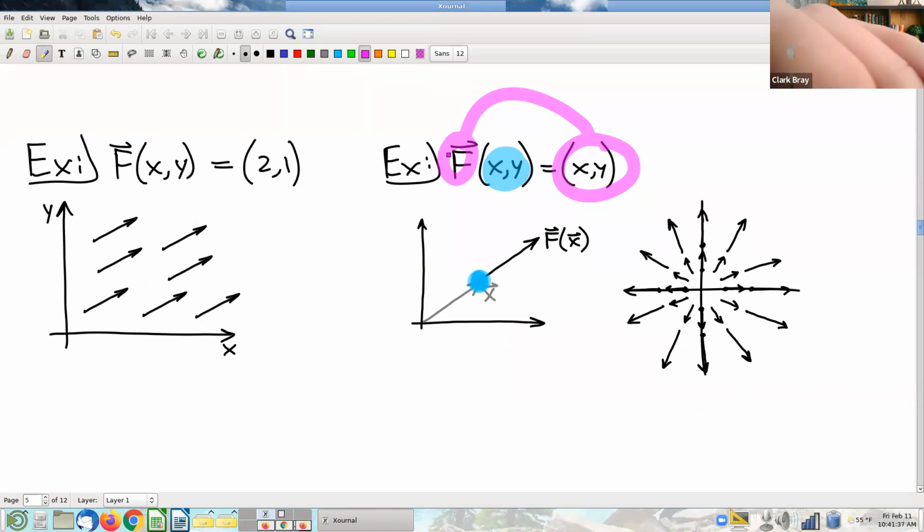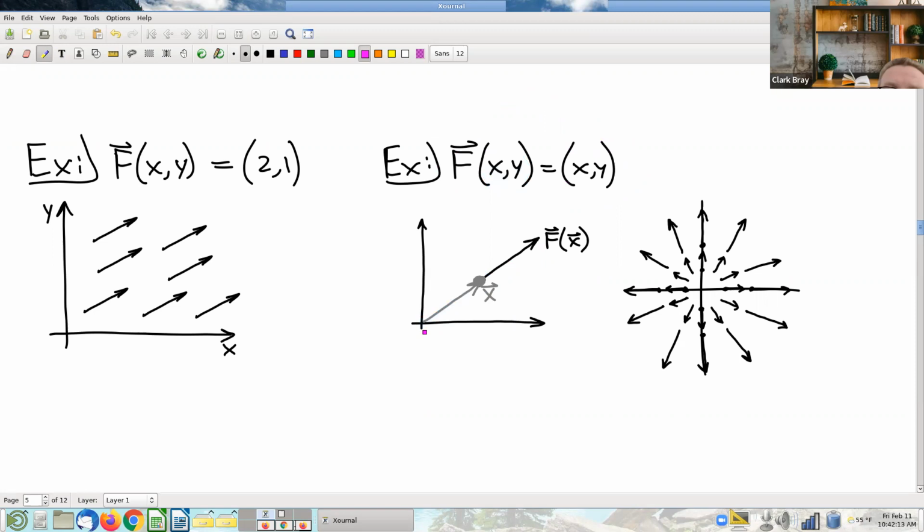So in order to actually draw that, I'm going to reinterpret the input point as its position vector. That position vector is the same vector as the field vector. Keep in mind, again, the two arrows that I drew here, they're in different places, sure. But they point the same direction. They have the same magnitude as vectors. They are the same vector. So the position vector and the field vector are the same. Everybody with me?